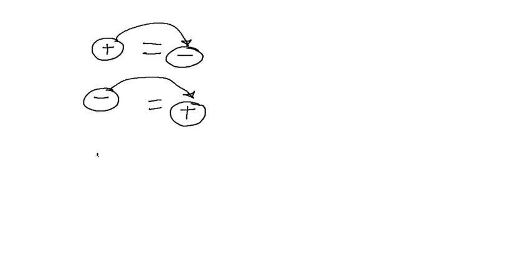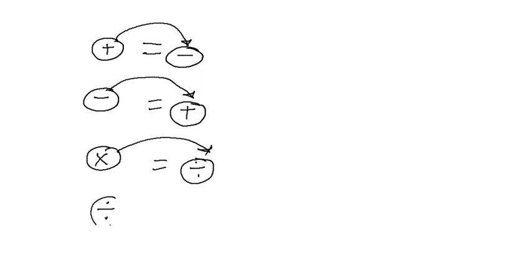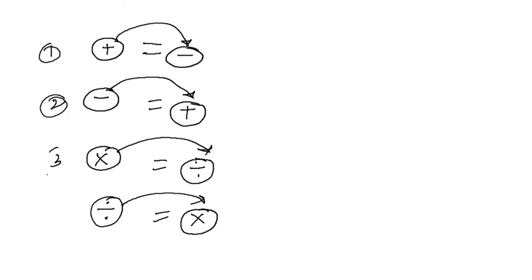When multiply is transferred from left to right hand side, it becomes divide, and when divide is transferred from left to right, it becomes multiply. So these are the rules for the equation. Always remember the first rule, second rule, third rule, and fourth rule.